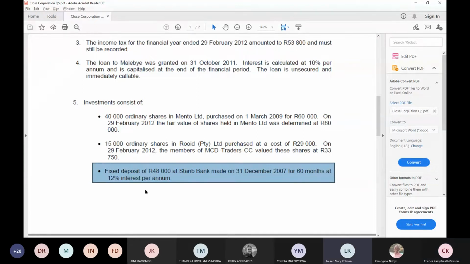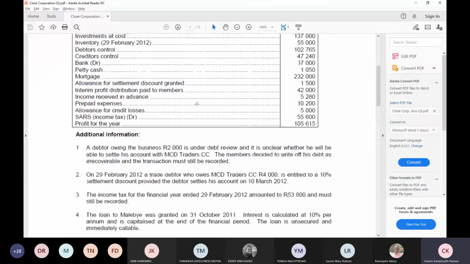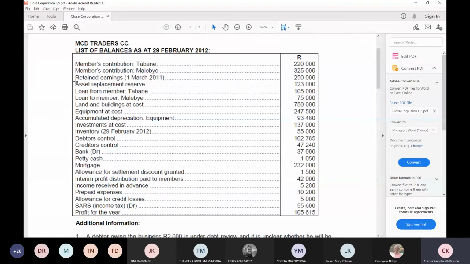A similar thing with that first bullet point where there was a gain on the shares, where that would have also gone to be included in the profit for the period. Yeah, so for instance, the gain from the 60,000 to the 80,000 must be included in the profit, because if you look at the investment here, where's the investment at? I say investment at cost.